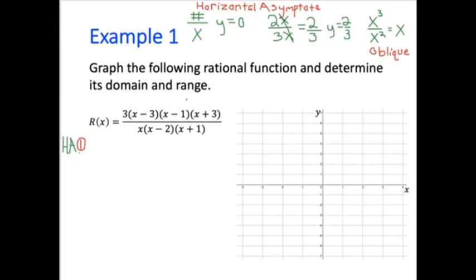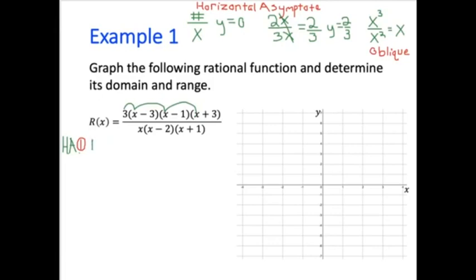But all you have to do is like so. So we're going to multiply 3 times x times x times x. So for each of our factors, I multiply the leading terms and any number that's factored out. So in the numerator, if I multiply 3 times x times x times x, I get 3 times x cubed. That would be the leading term that you would get if you multiplied this all out.